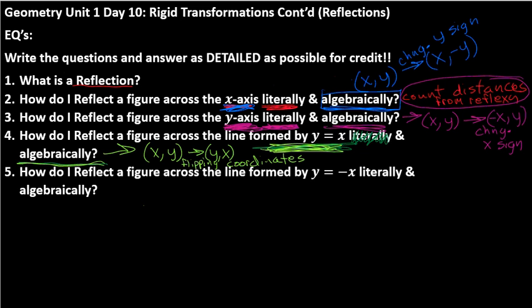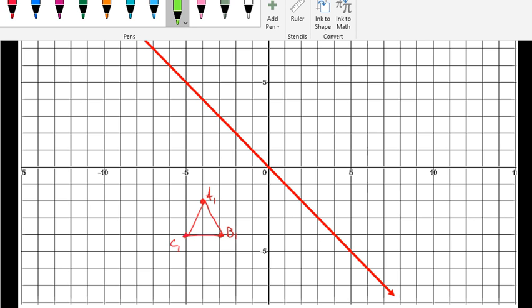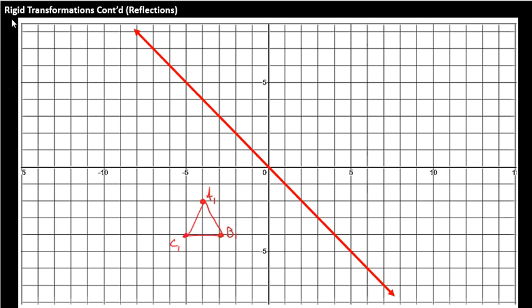And last but not least, how do we do reflections across the equation y equals -x? This is pretty much the same idea. We have a slope of -1 and a y-intercept of 0. How would we reflect across this line? It'd be the same idea as before.